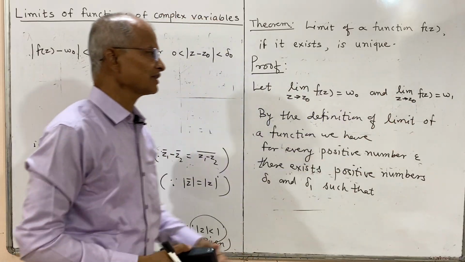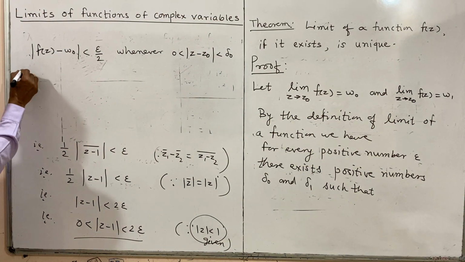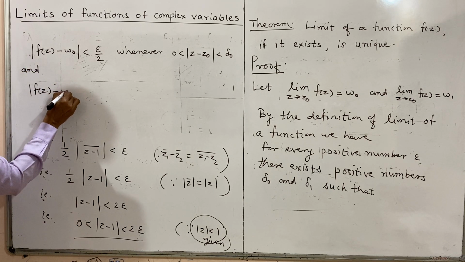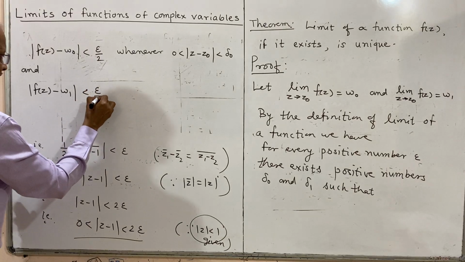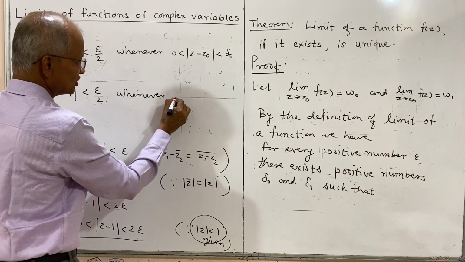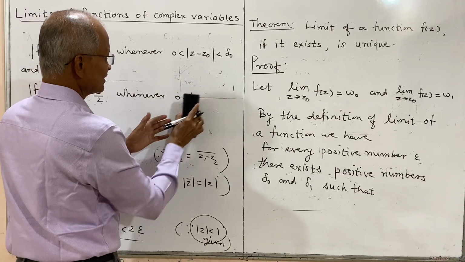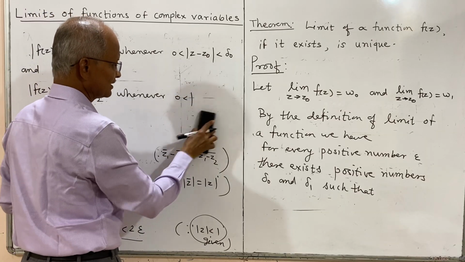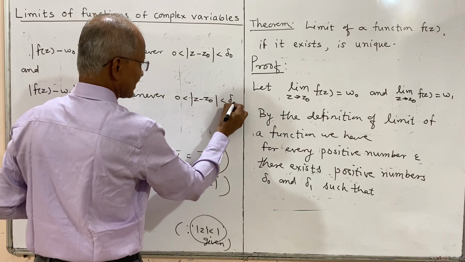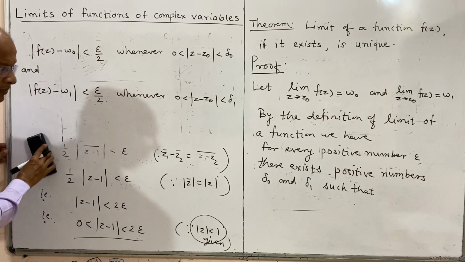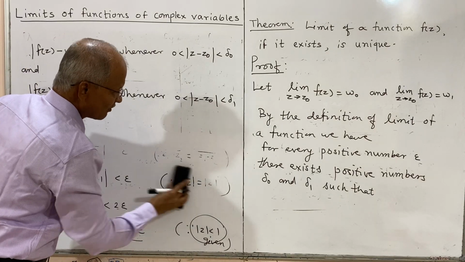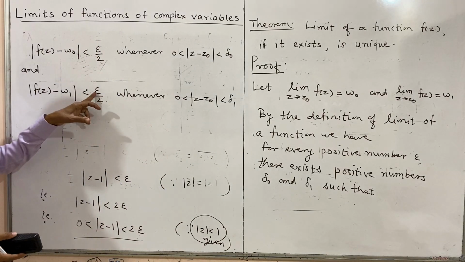Similarly, we apply the same definition for the second limit, and mod of f of z minus w1 is less than again epsilon by 2 whenever 0 is less than mod z minus z naught is less than delta 1. So we have applied the definition for both the limits, taking epsilon as epsilon by 2 for both.